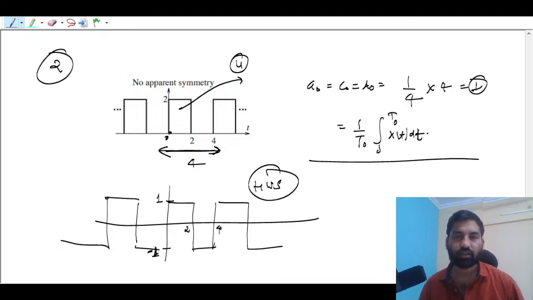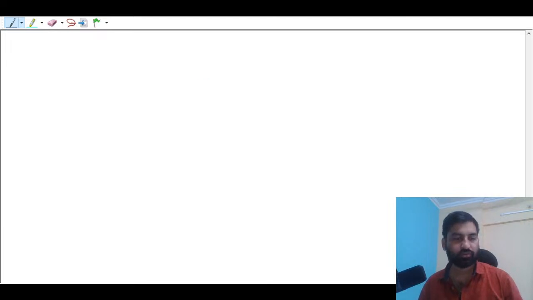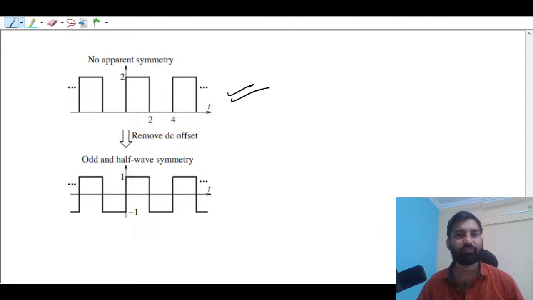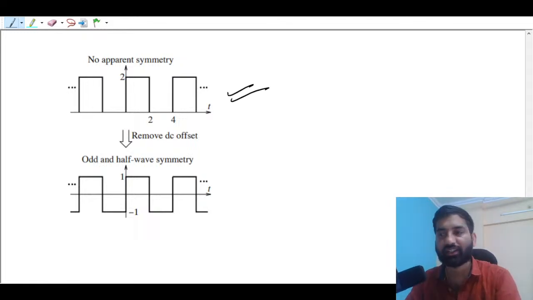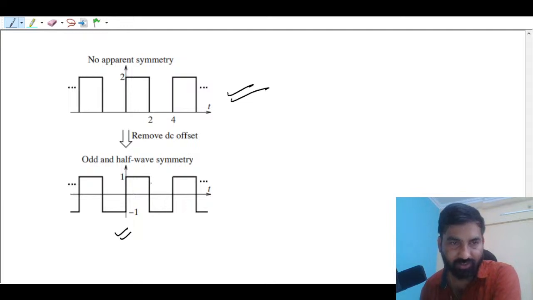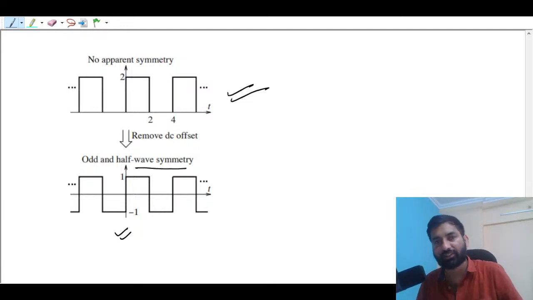So how to identify the half wave symmetry? You have to understand that for half the period the signal is inverted. The moment you look at this waveform, you cannot tell what symmetry it has: neither even symmetry, nor odd symmetry, nor half wave symmetry. But if you remove the DC value, you find that this has odd symmetry as well as half wave symmetry, right?